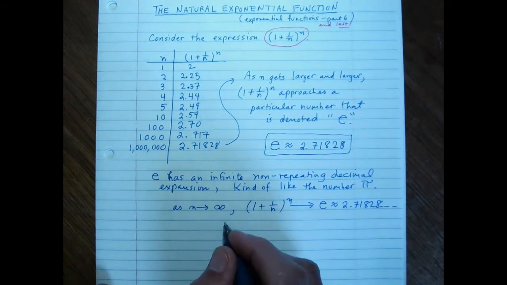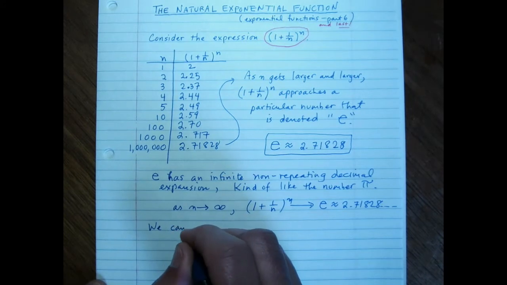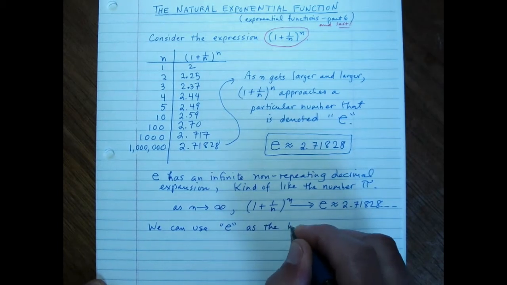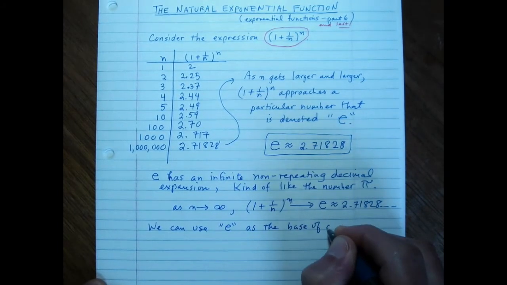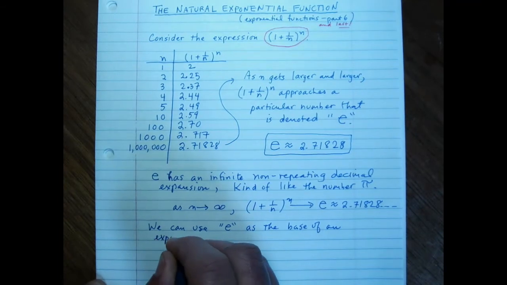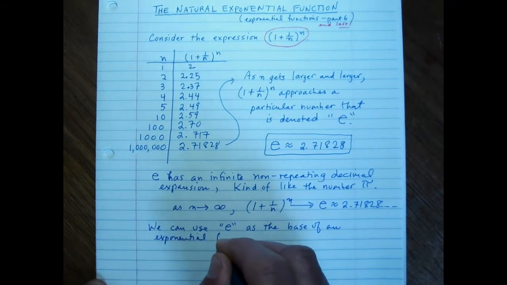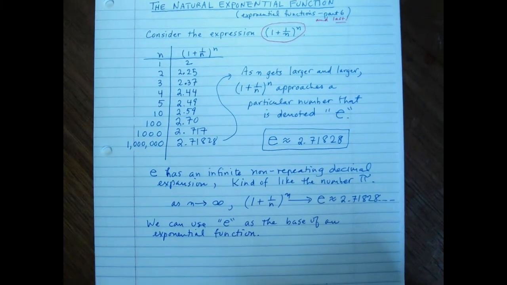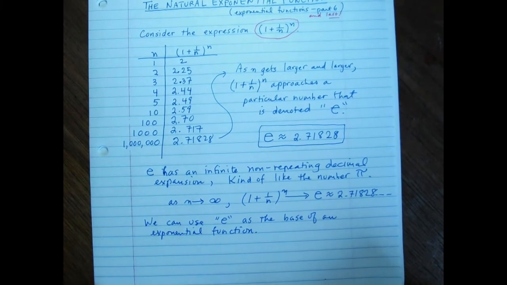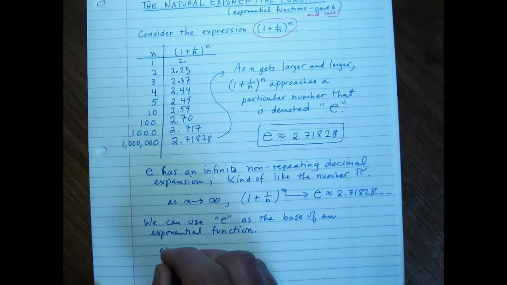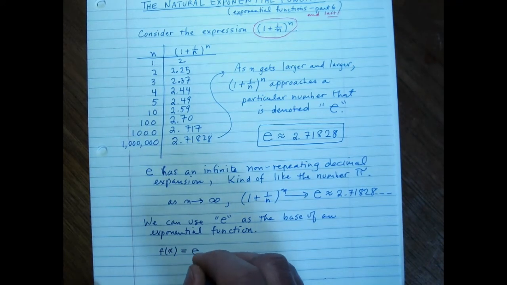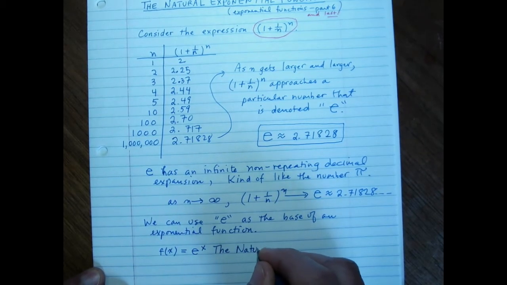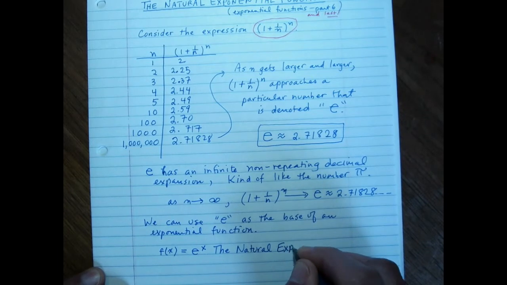And so we can use e as the base of an exponential function. So just like we say f of x equals 2 to the x, we can say f of x equals e to the x is called the natural exponential function.